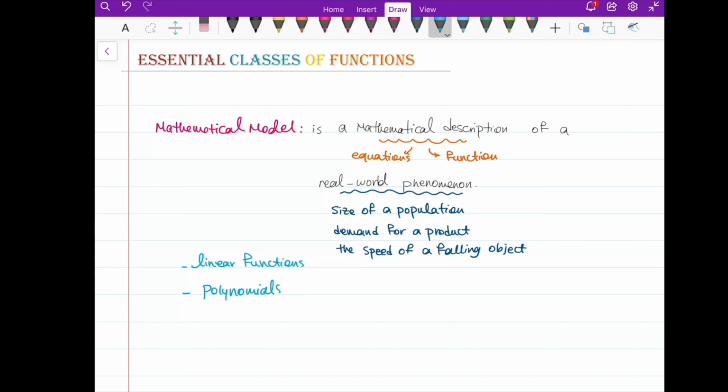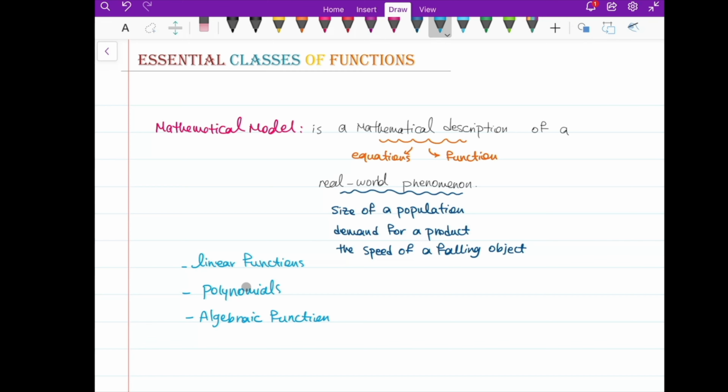Then we are going to talk about algebraic functions, which basically are functions that can be constructed using addition, subtraction, fraction, square roots of polynomials.